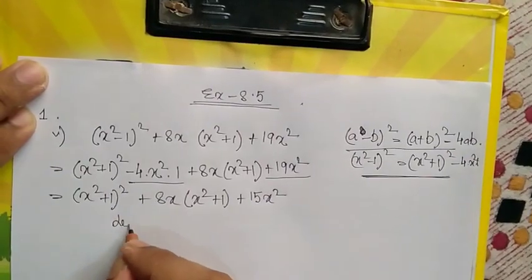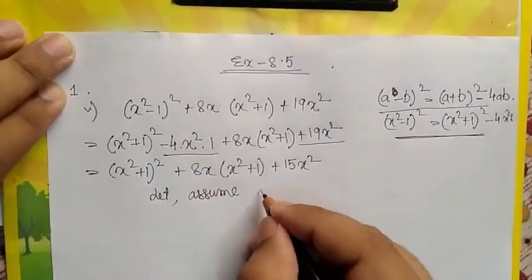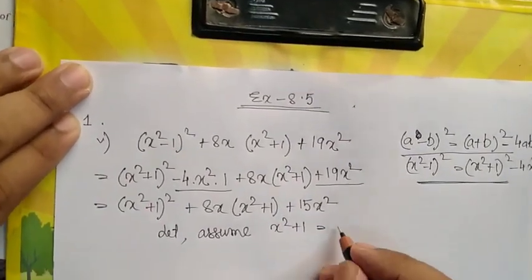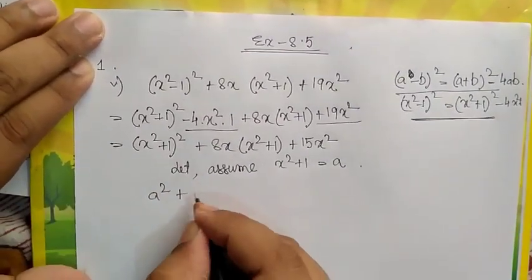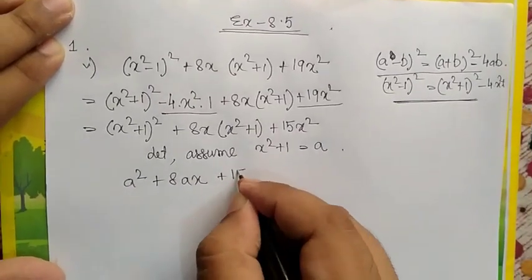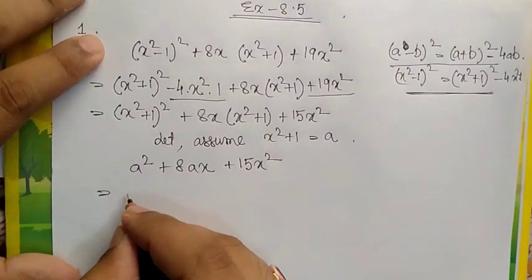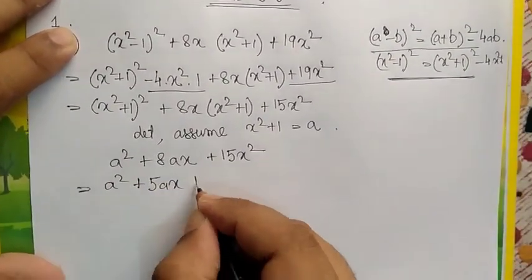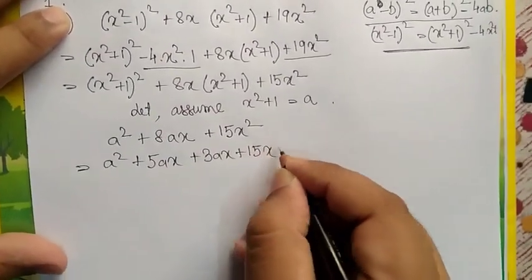Now let us assume x square plus 1 equal to a. So therefore a square plus 8ax plus 15x square, middle term of this algebraic expression, a square plus 5ax plus 3ax plus 15x square.